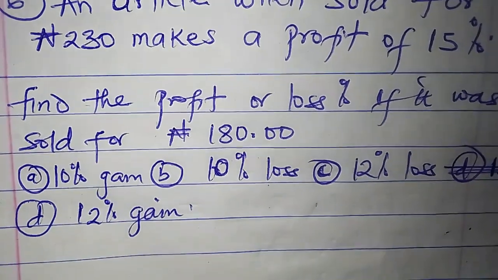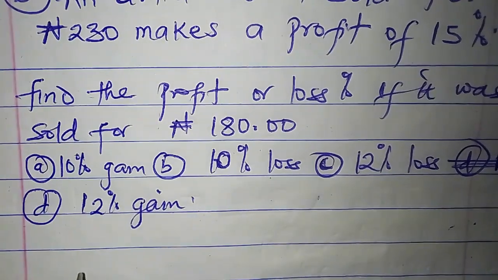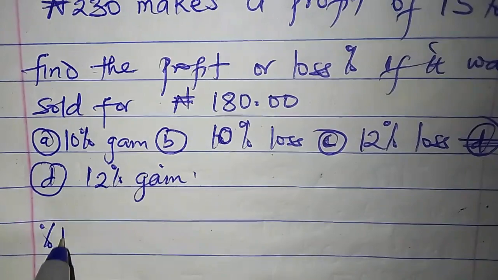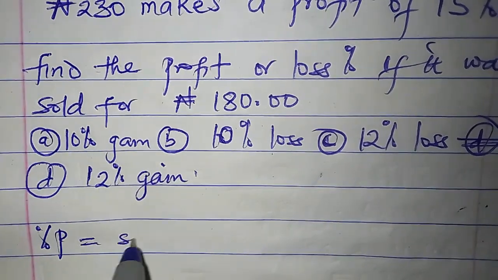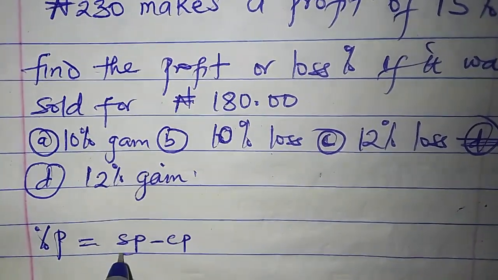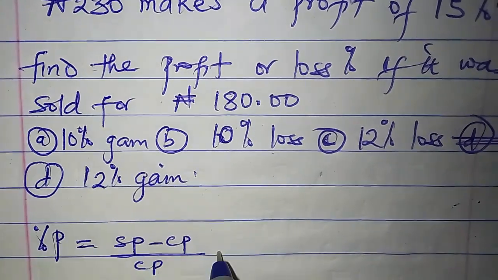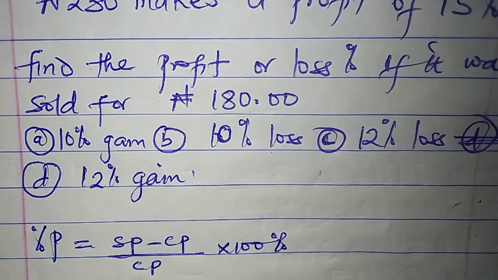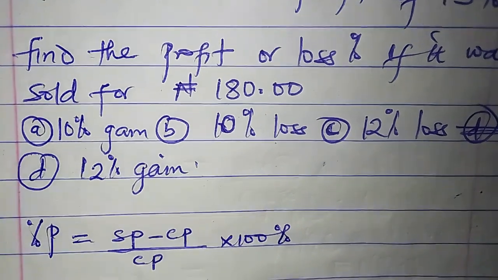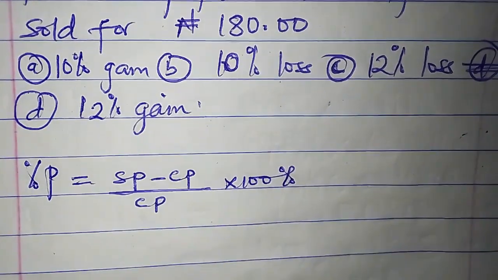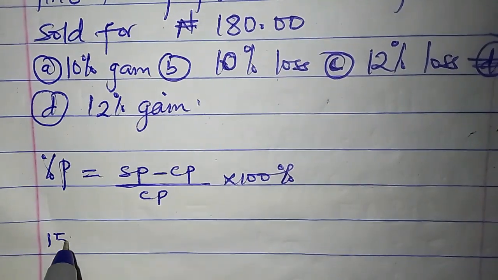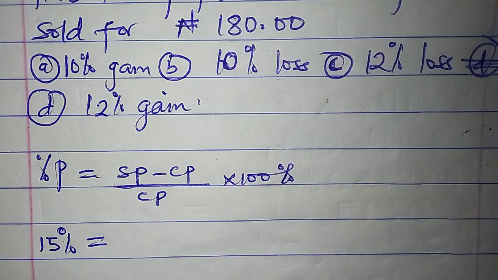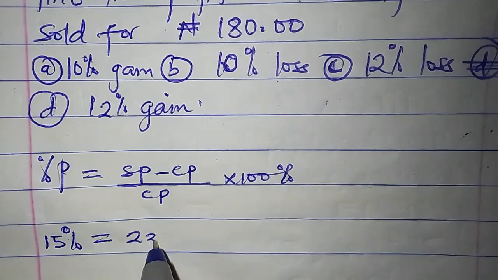Now, I know that percentage profit or profit percent is equal to selling price minus cost price all over the cost price times 100%. Okay, so our percentage profit here is 15%. So we have 15% is equal to, the selling price is 230 naira.